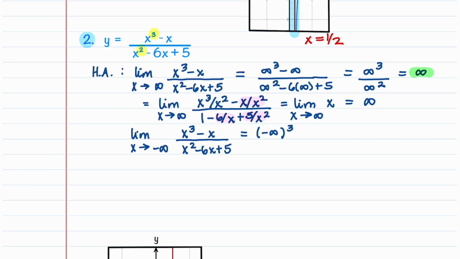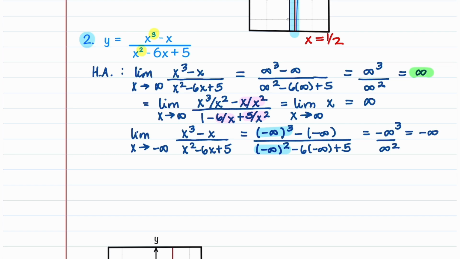We have minus infinity cubed minus infinity, all divided by minus infinity squared minus 6 times minus infinity plus 5. These two terms are our largest terms, so we can ignore all the other ones. And this gives us minus infinity cubed divided by infinity squared, which gives us minus infinity.